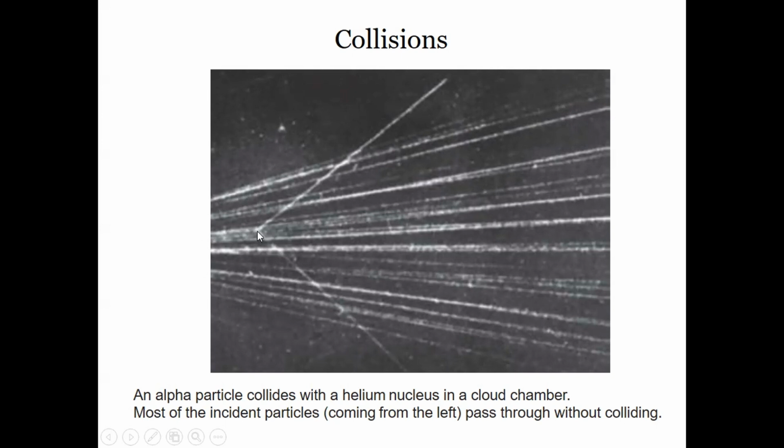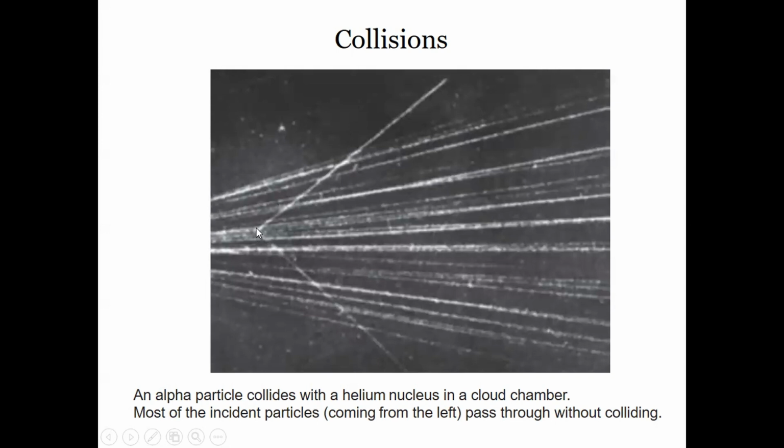An alpha particle hits the helium nucleus, and then it is deflected to the other direction. The particle trajectory of the alpha and the trajectory of the recoiling nucleus are shown here, and we can see the trace with the bright light.